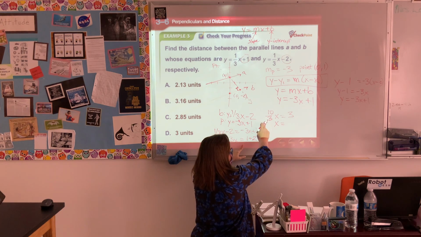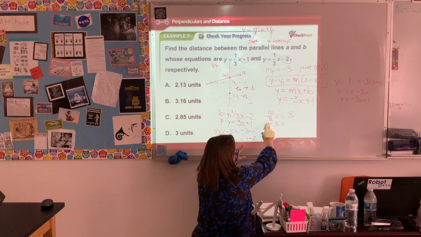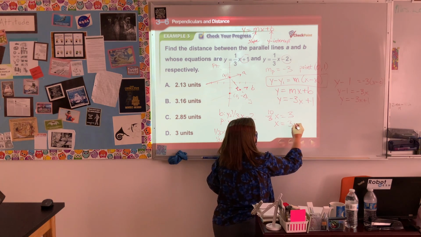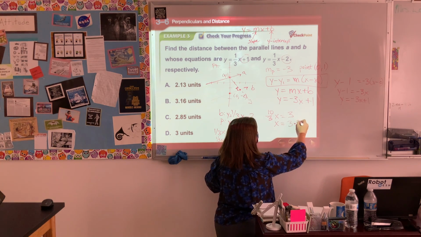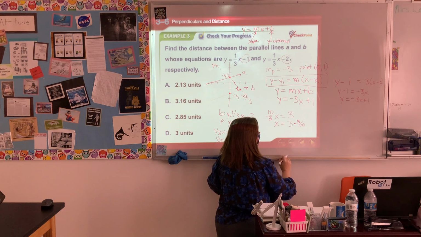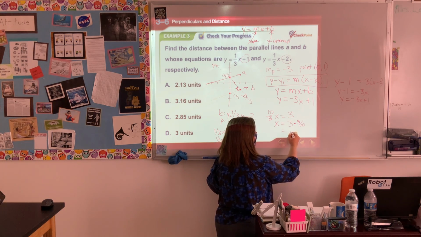If I divide by 10/3, I flip and multiply, so x is equal to 9/10.